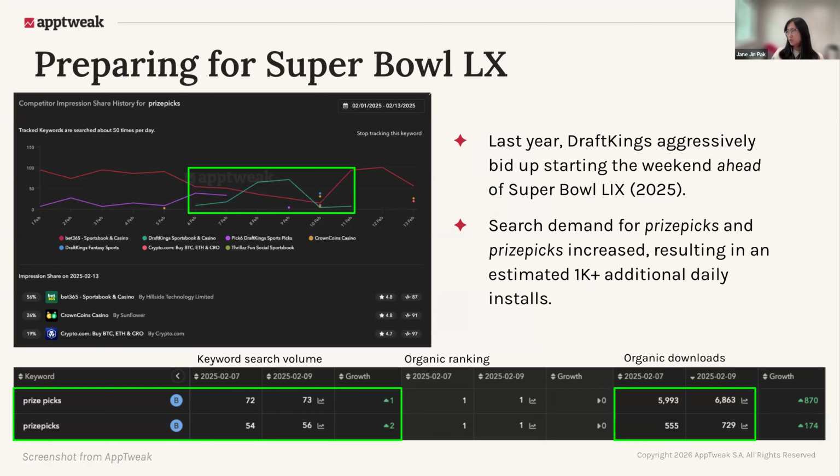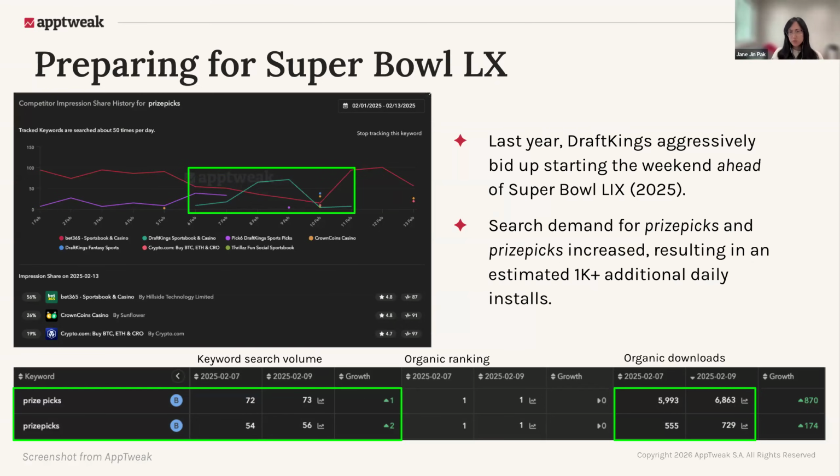In this case, DraftKings aggressively started bidding up, starting to win that impression share the weekend ahead of the Super Bowl. Search demand did increase for PrizePicks and variations of the brand, resulting in an estimated 1,000 daily installs. So you can imagine we want to capitalize on that additional volume.